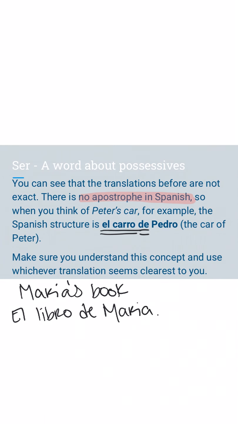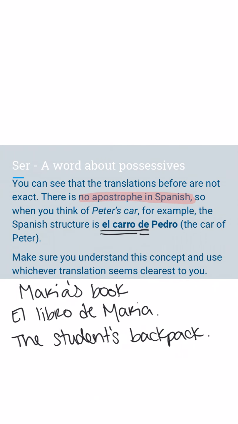If I wanted to say, let's say for example, the student's backpack. Okay, pause again if you want to do it yourself. La mochila. And then remember, when we don't know the gender of someone or something, or some person, we have to assume masculine, right?